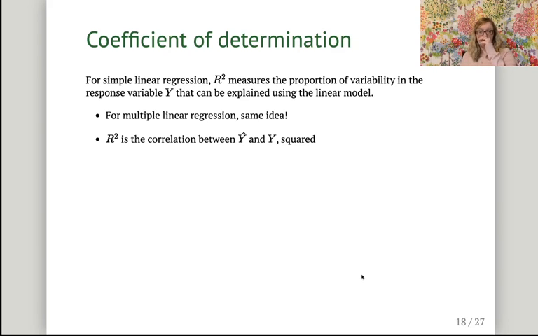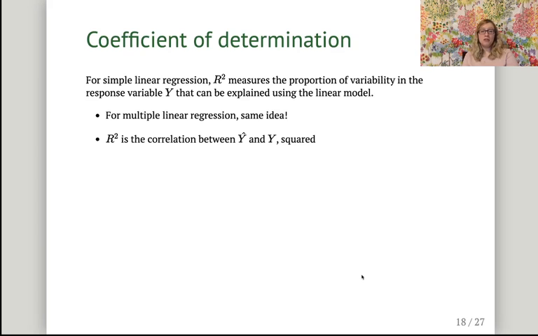Now in multiple regression, we still have this coefficient of determination, or this R-squared measurement, but it's now measuring something a little bit different. In linear regression, R-squared measured the proportion of variability in the response variable that can be explained using the linear model. It does this by squaring the correlation between the explanatory variable x and the response variable y.